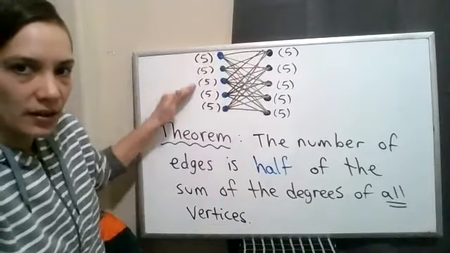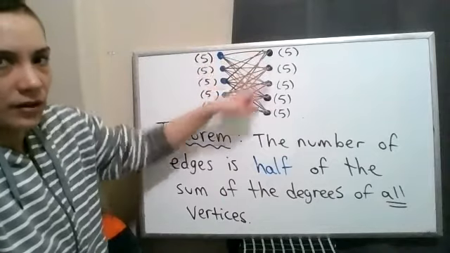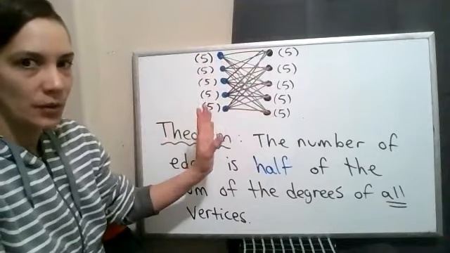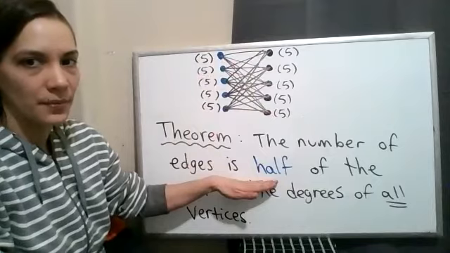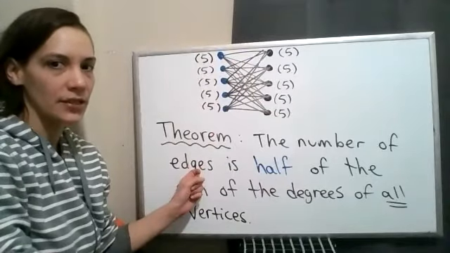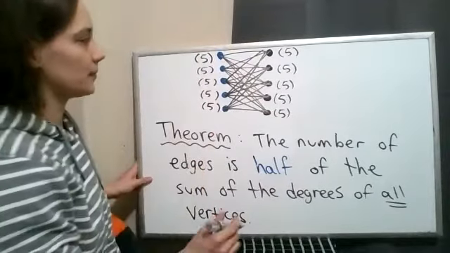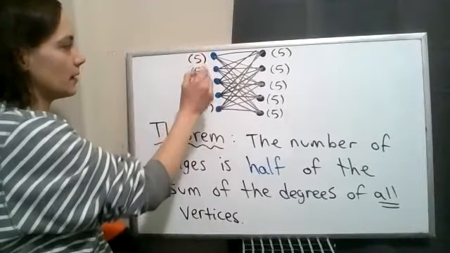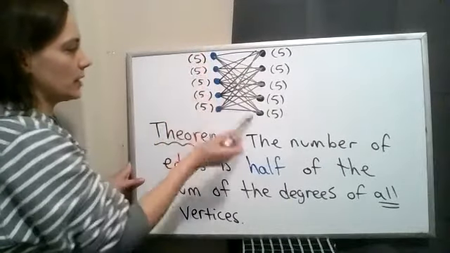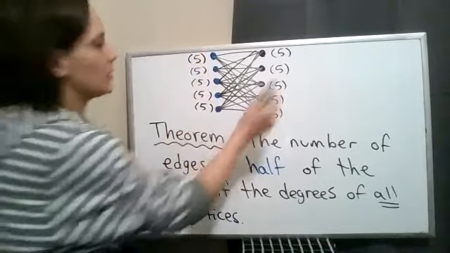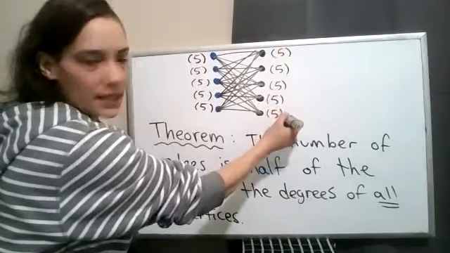So we add all of these degrees together, all of those degrees together, take that total, cut it in half, and that will tell us the number of handshakes. So it's 5, 5. There's 25 here, and another 25 on this side.